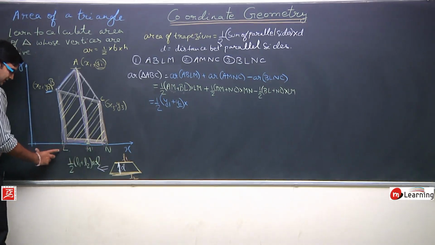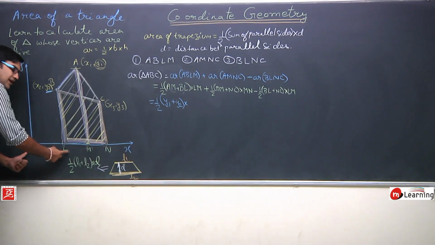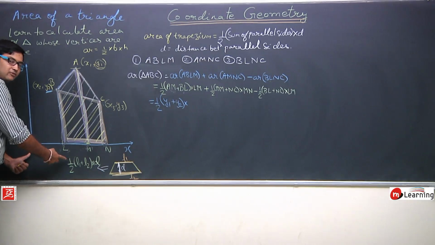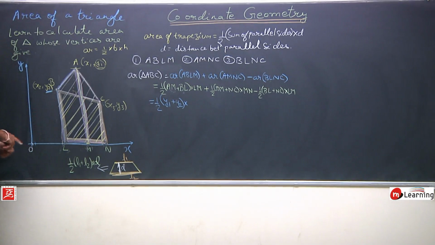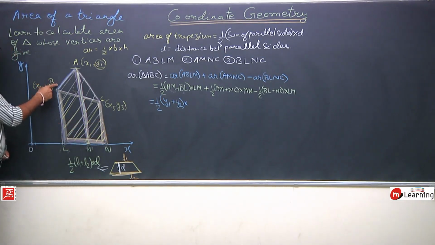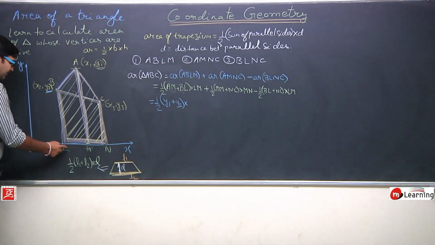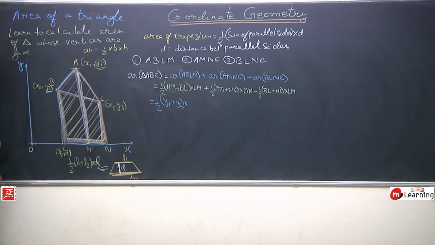First calculate this. This is the origin. First calculate the length of OL. The length of OL will be equal to the x coordinate. How will we find the x coordinate of L? Since BL is perpendicular to the x axis, the x coordinate of B will be the same as the x coordinate of L. So the x coordinate of L will be x2, and since it is on the x axis it will be x2 comma 0.